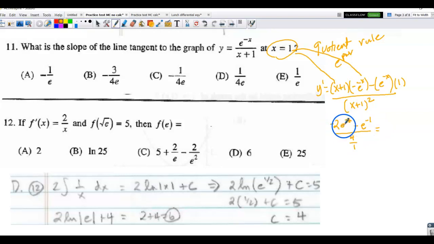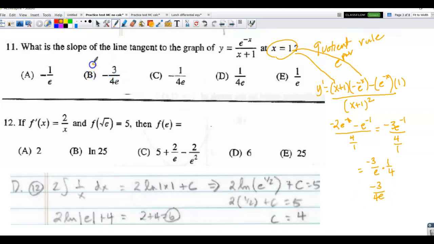So -2e to the -1 minus e to the -1 is -3e to the -1 over 4 over 1. That's the same thing as -3 over e times 1 over 4, which is -3 over 4e.